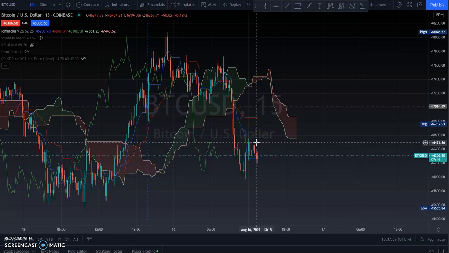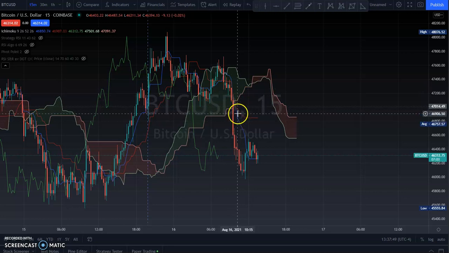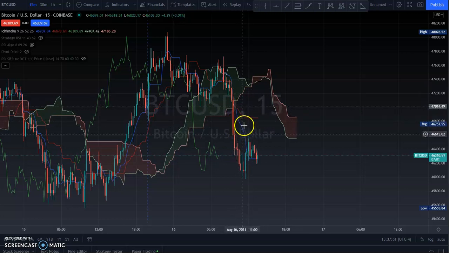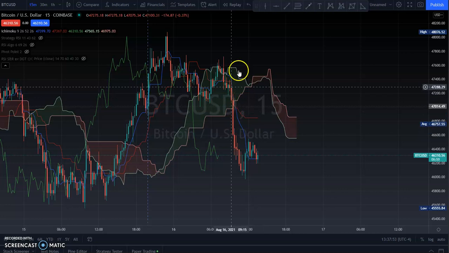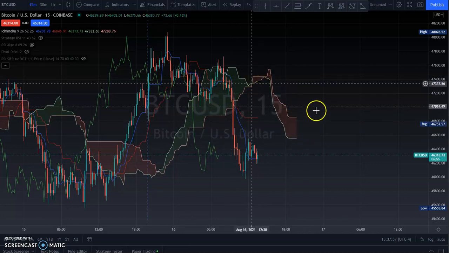You don't want to rely on one indicator. You always want confirmation from other indicators. So with the Ichimoku, the fast line is below, so you want to sell when it crosses below and it's below the cloud. I look for red ahead.